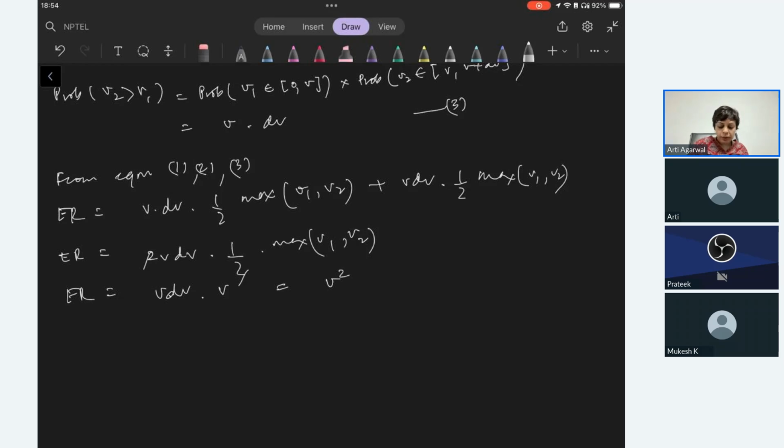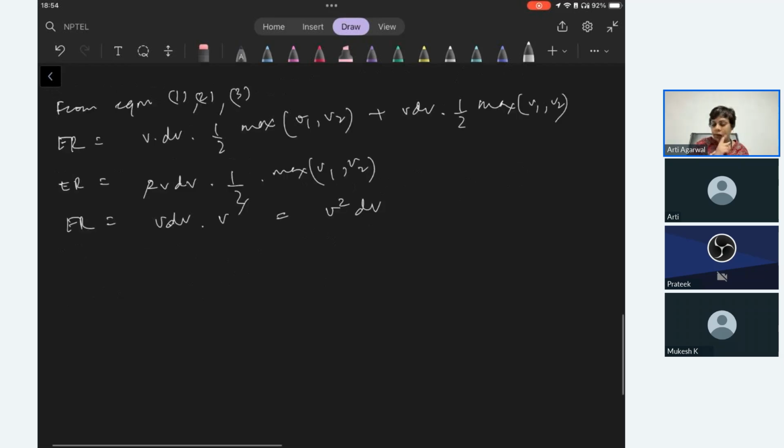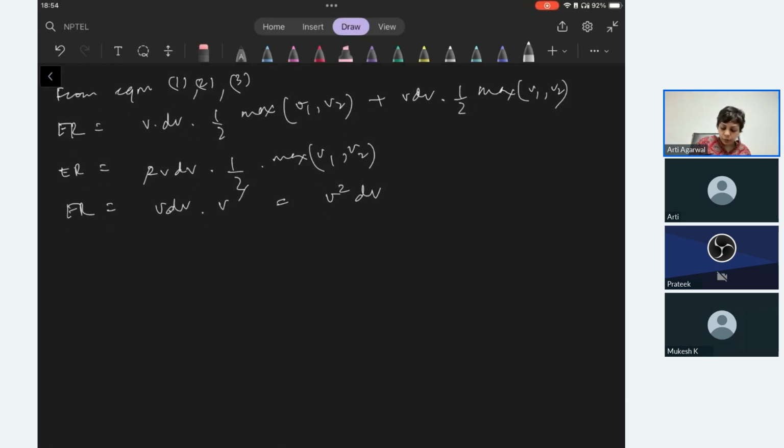Now this is what we have taken so far to be the expected revenue for that infinitesimal increase, but the total expected revenue is the integral over 0 to 1 of V square dV.